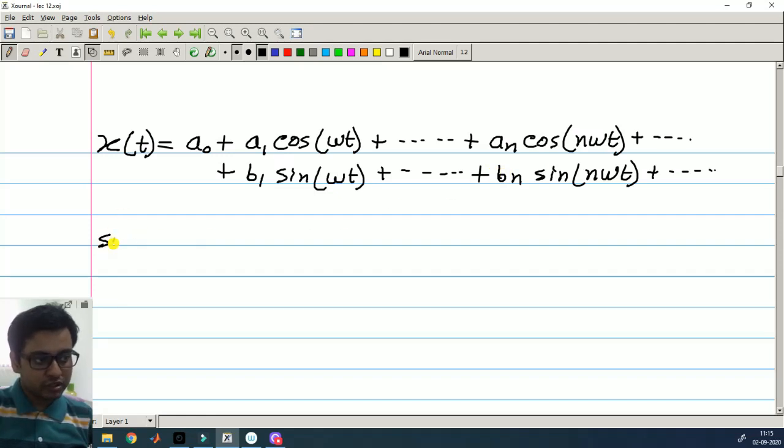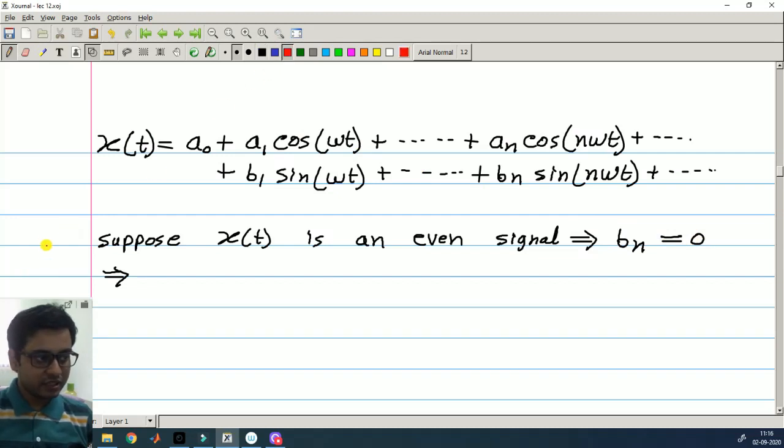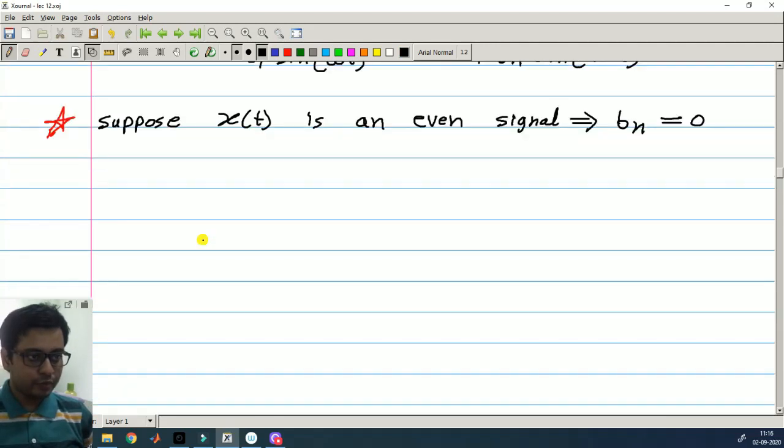Now suppose x is an even signal, then the left side is even, so the right side should also be even, and therefore all these sine signals must vanish. So b1, b2, all bn should be equal to 0. This is an important fact worth remembering. We can prove it this way.